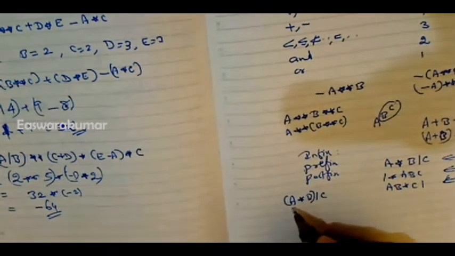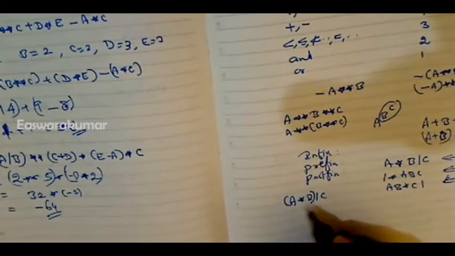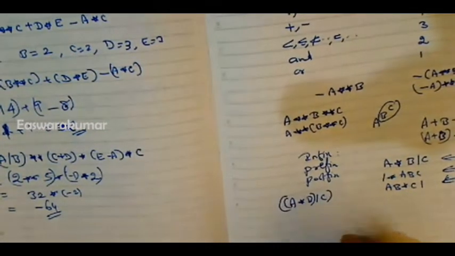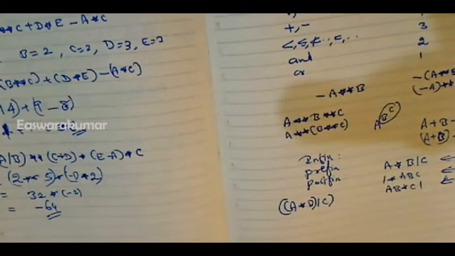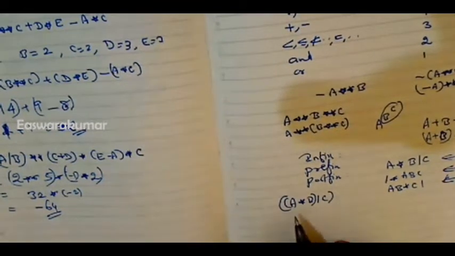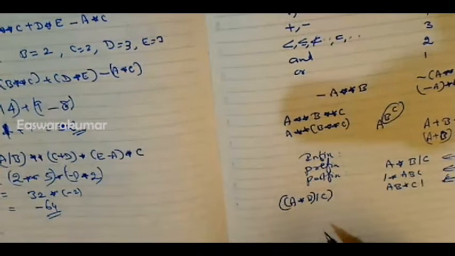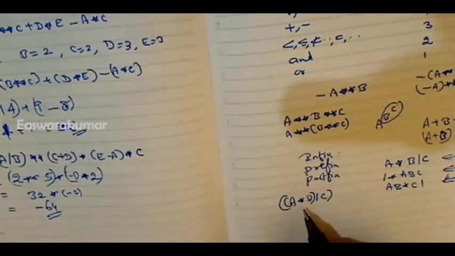So first we evaluate A star B, then from the result we divide by C. If you make it fully parenthesized, this is what we get. Now how do I get the prefix representation? This is infix. For prefix, the operator should be moved to the corresponding left parenthesis.